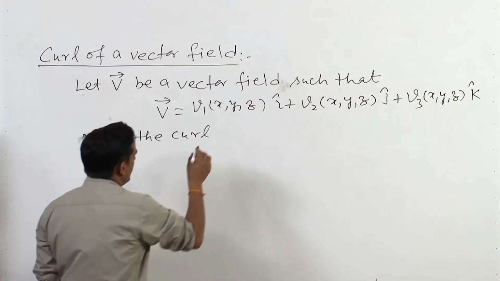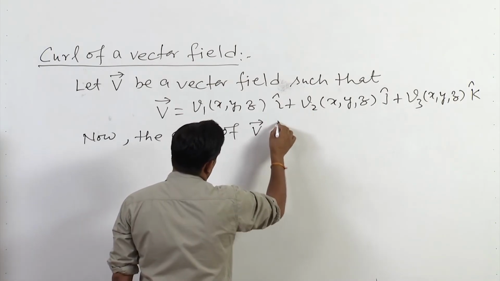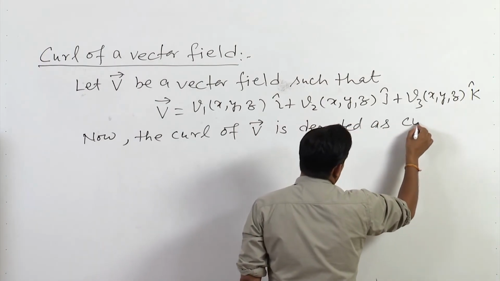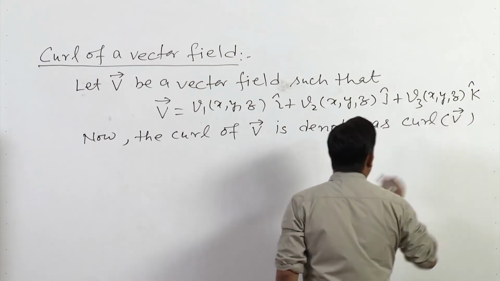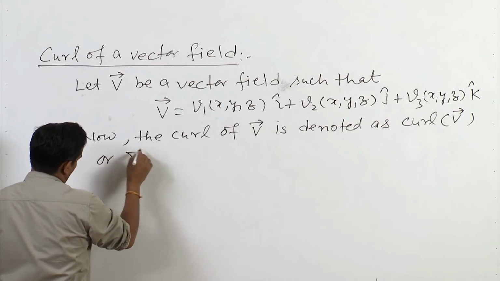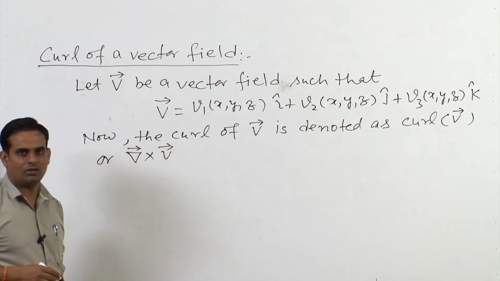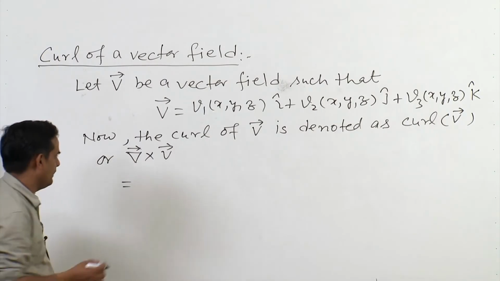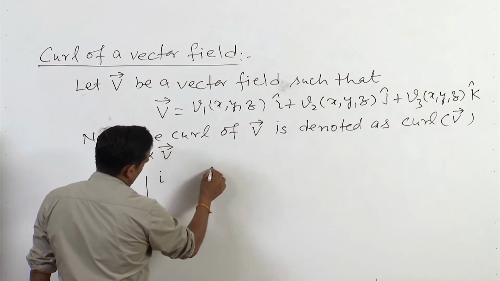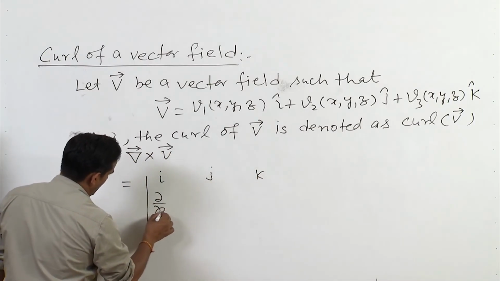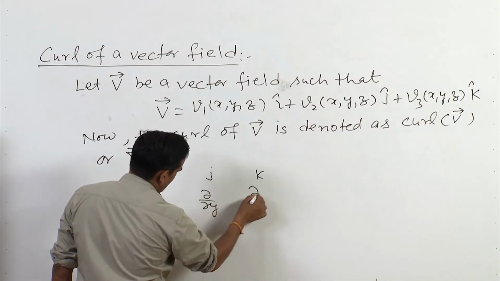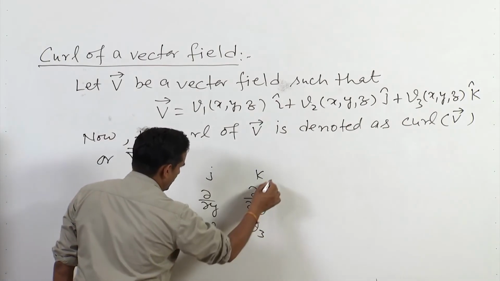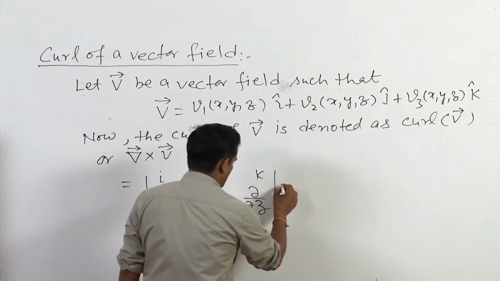Now, the curl of vector function V is denoted as curl of V or cross product of del operator and V, and it is given as the determinant with rows i j k, del by del x, del by del y, del by del z, and V1 V2 V3. So, let us calculate it.